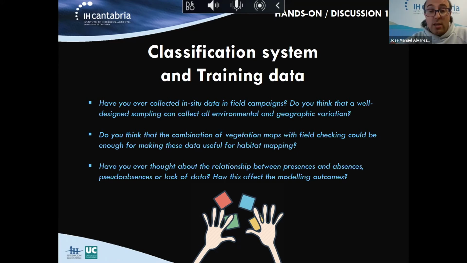So within that, we started using satellite information, climate information, topographical information, and some information that we collected about soil types. So we made strata.